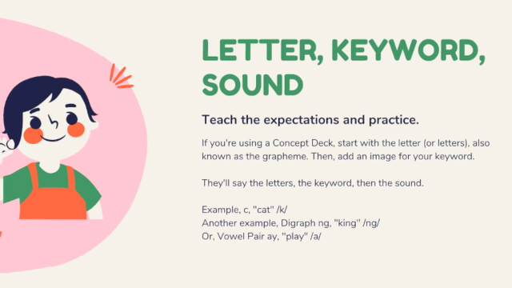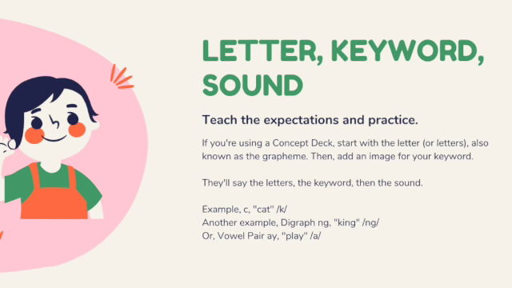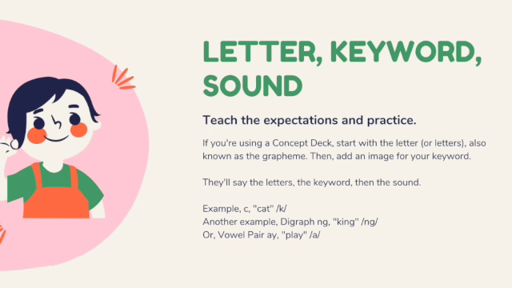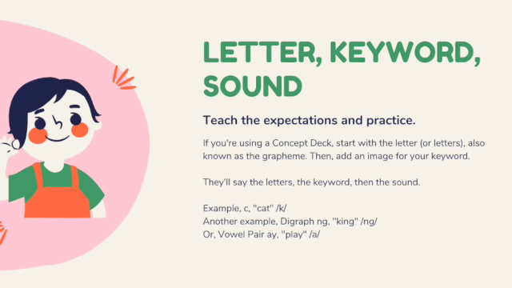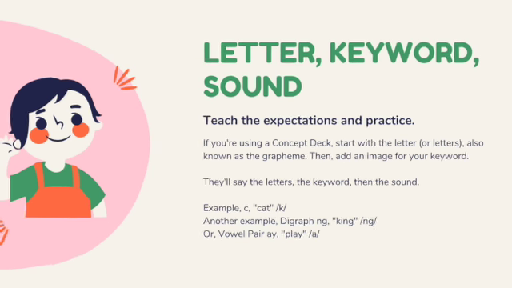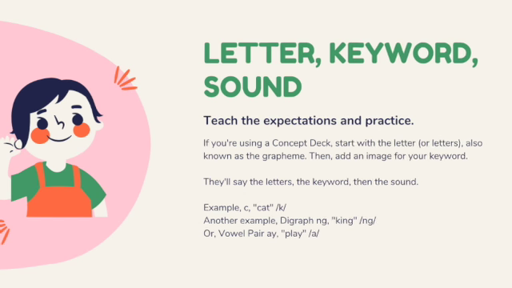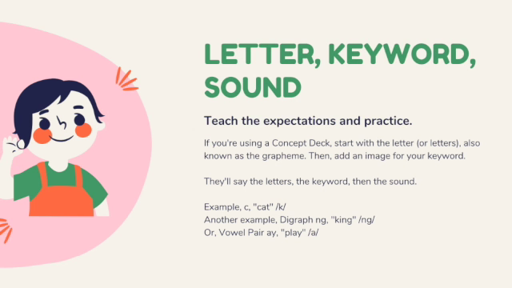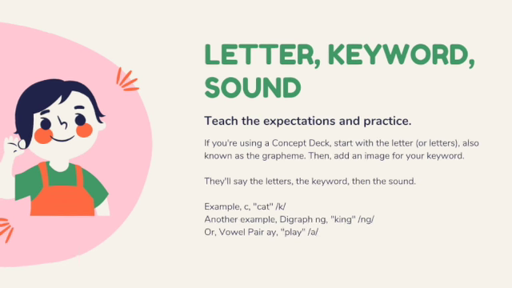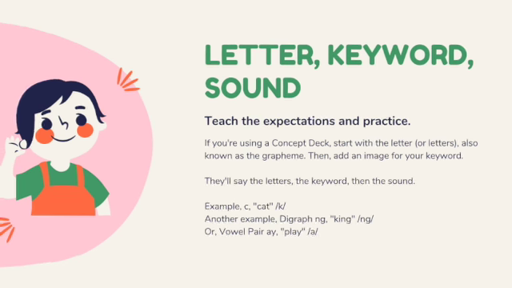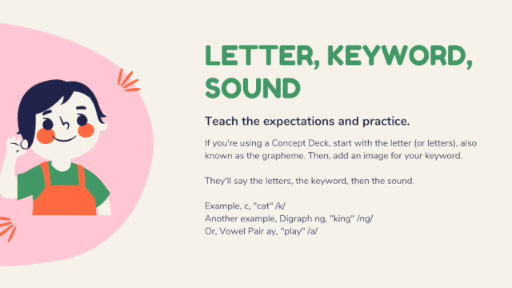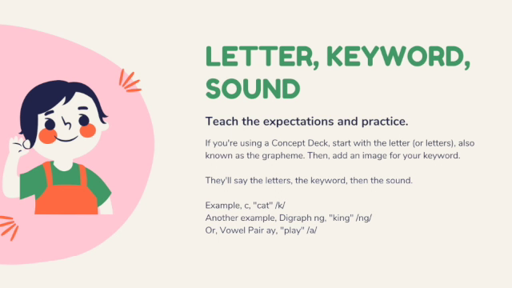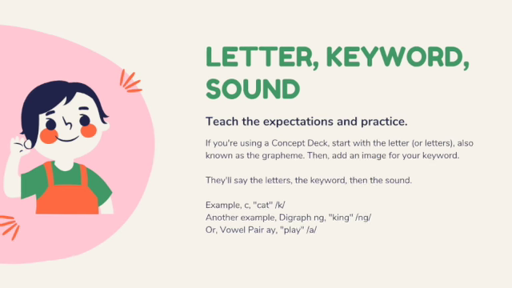So if it's K, the letter C making K, they would say C, cat, K. And this is the students that are reading these. Okay, if we've learned NG, then they'll say digraph NG, king, K. So it's solidifying the letters, what sound it makes, and then that key word that has that sound in it to help them remember an example.